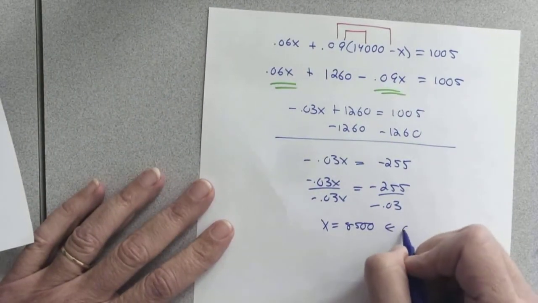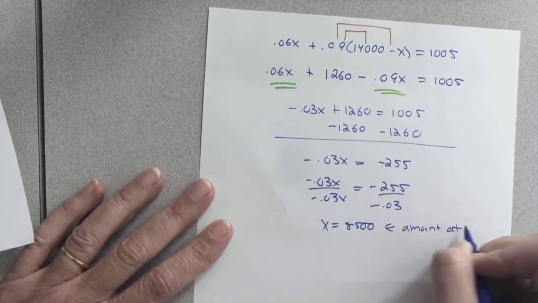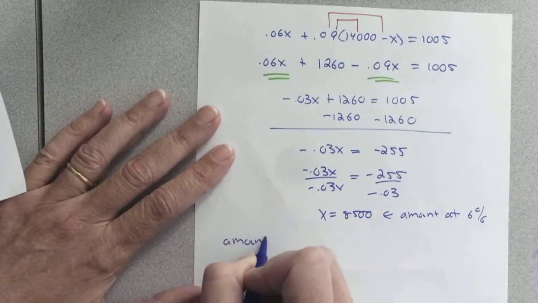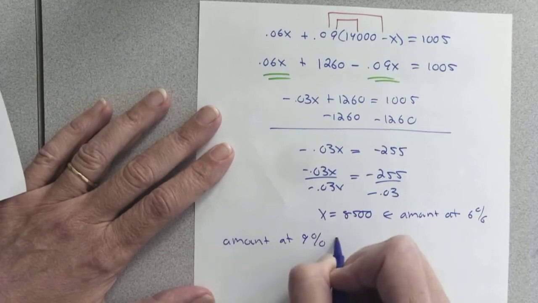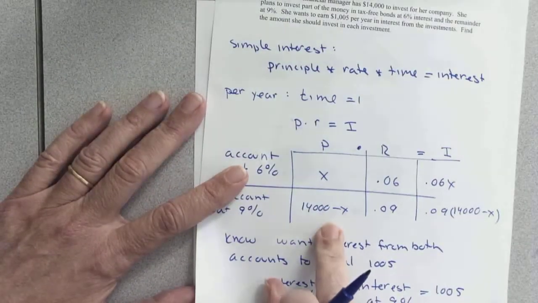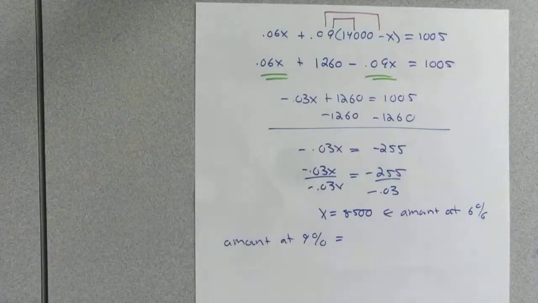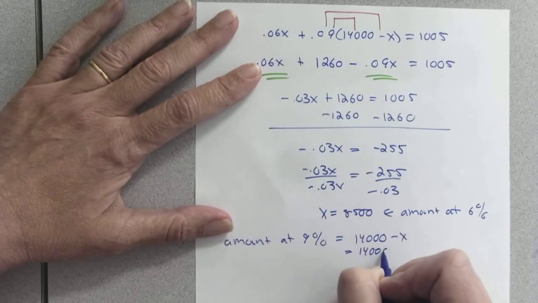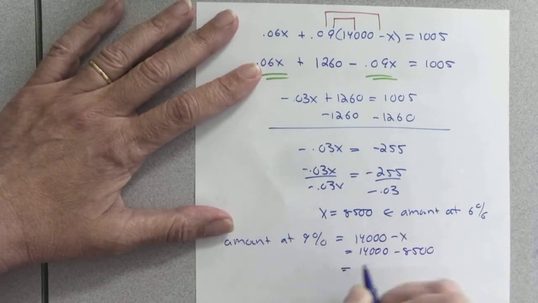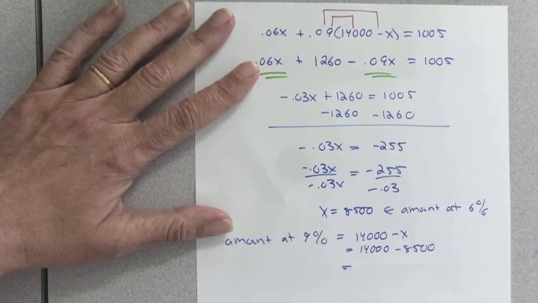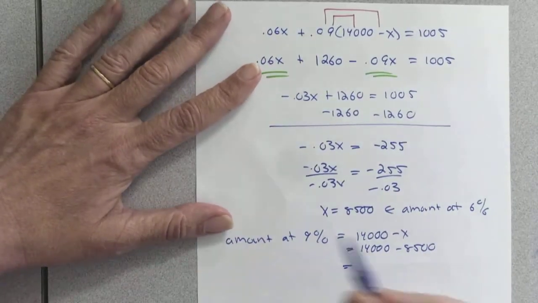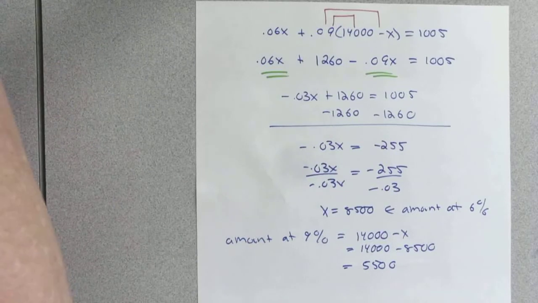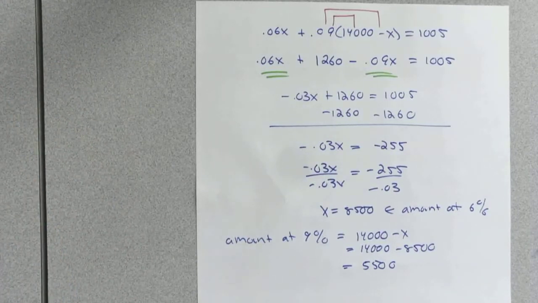There's X, so there's the amount at 6%, which leaves then the amount at 9%, and the amount at 9% was 14,000 minus X. So 14,000 minus 8,500, and I should be able to do that in my head, but we will not trust my head, so I'll ask my calculator over here, and we get 5,500. And there's that one.